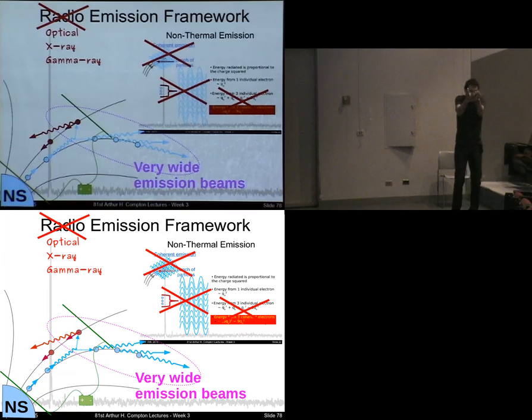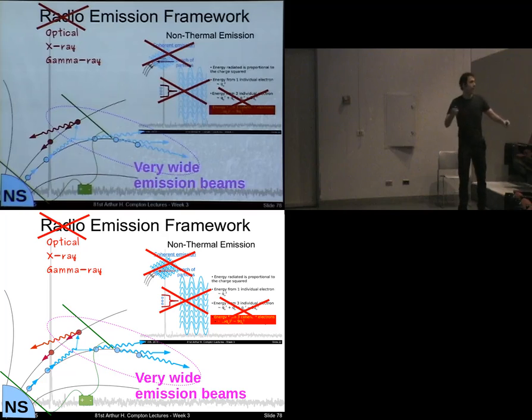So rather than the little pulse that we see coming out like a pencil or a laser beam, with the X-rays and the optical, we can even get emission in the opposite direction from the same pole of the neutron star, because the positrons are moving backwards, they might emit a photon that will come out this way. So in this cartoon, from the same region, we can have a photon coming out this way and a photon coming out that way.